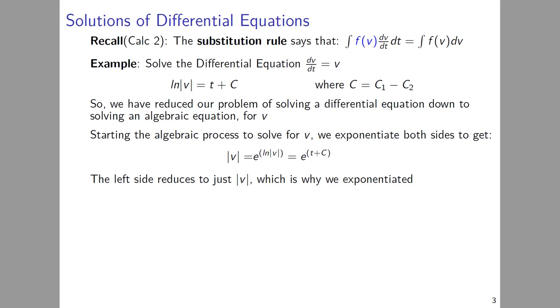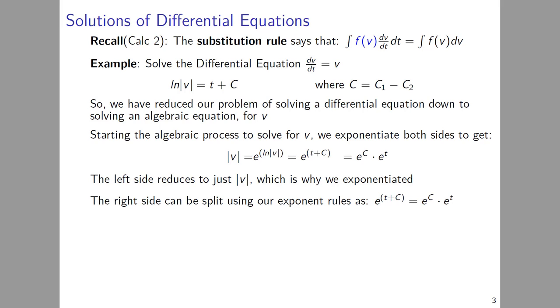So we have the absolute value of v is equal to e to the t plus c, which we can split up as e to the c times e to the t. So we have absolute value v is equal to e to the c times e to the t. And thus v itself is either plus or minus e to the c times e to the t.